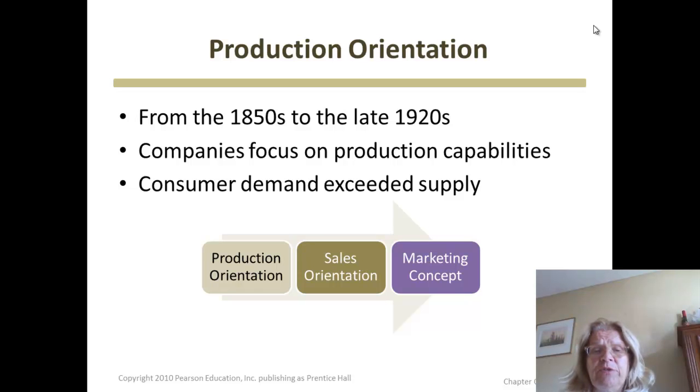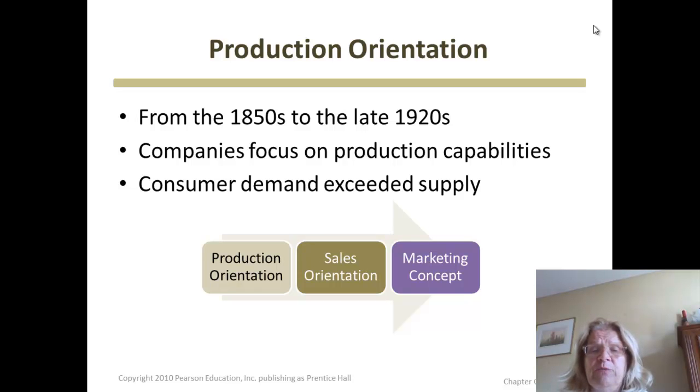During the production orientation, there was a lack of all kinds of goods and products, and companies wanted to develop efficient production lines to mass produce products for the consumer, to be efficient in time and money.